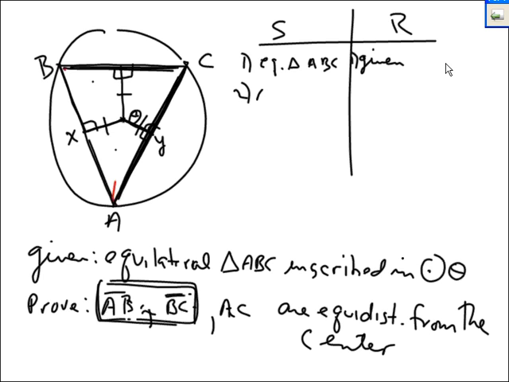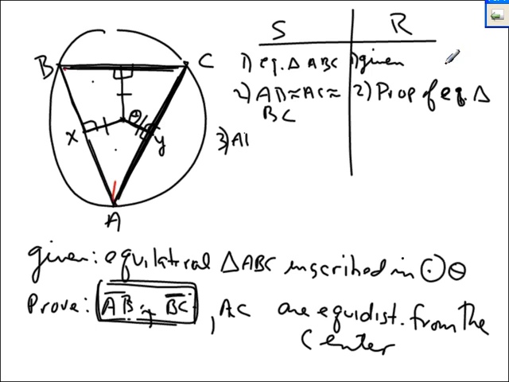Number 2. AB is congruent to AC, which is congruent to BC. Properties of equilateral triangle. All three sides are, in fact, exactly the same length. Okay?